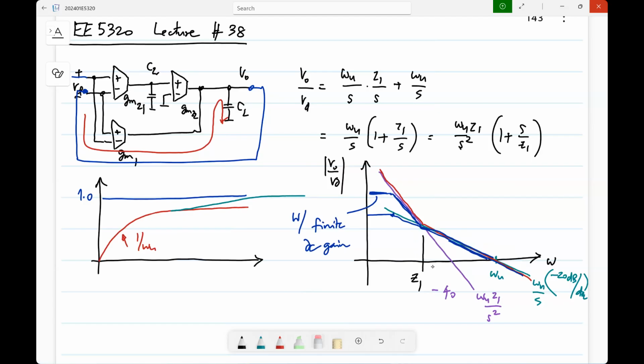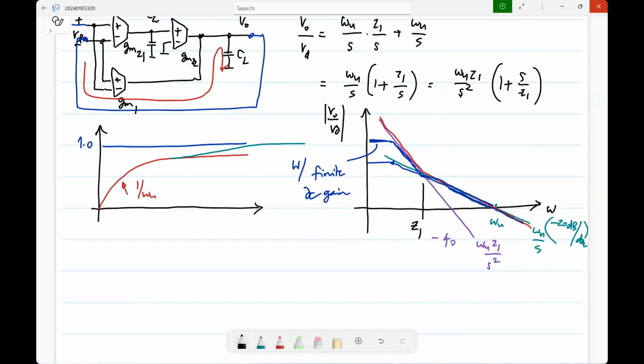We just now talked about it, right? So basically, you either increase C2 or reduce GM21 or reduce GM22 or some combination of all of them. Okay. So that is something that you will have to do.